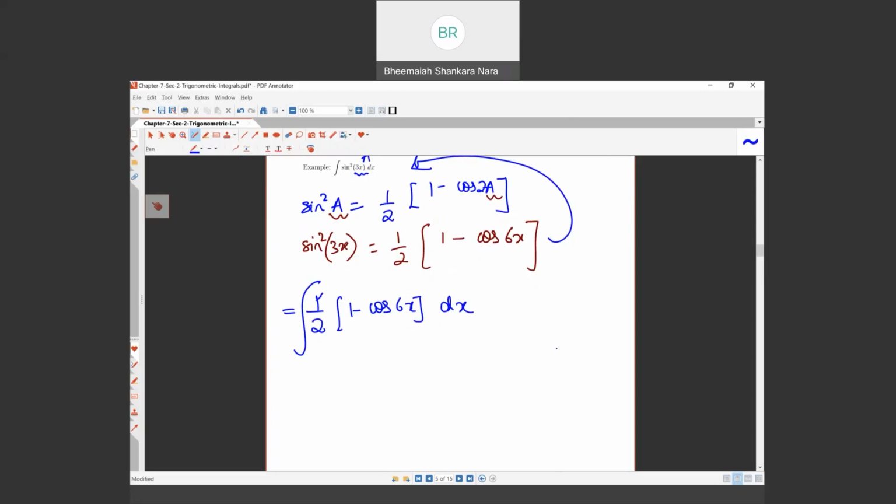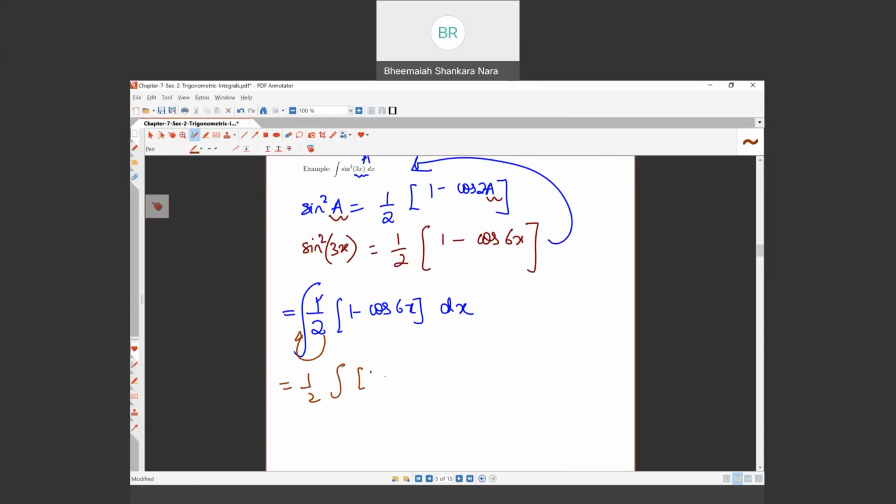Bring this out. You have 1 minus cosine 6x dx. Now the integral of 1 dx is just x. The integral of cosine 6x is sine 6x divided by 6, plus c.